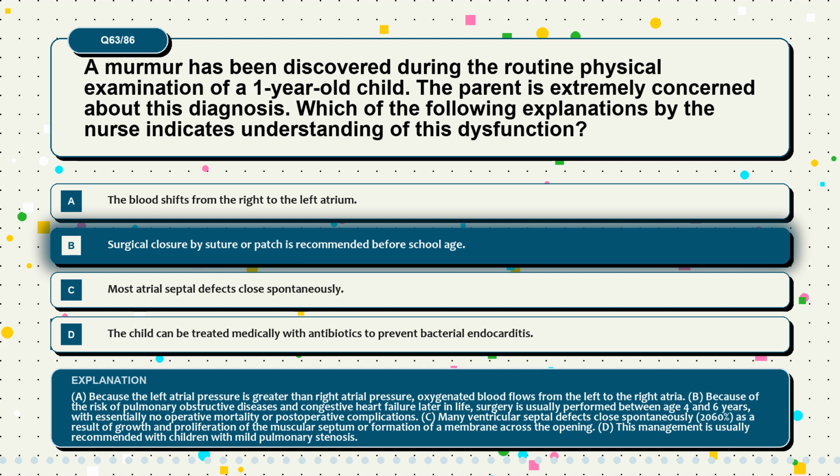C. Many ventricular septal defects close spontaneously, 20-60%, as a result of growth and proliferation of the muscular septum or formation of a membrane across the opening. D. This management is usually recommended with children with mild pulmonary stenosis.